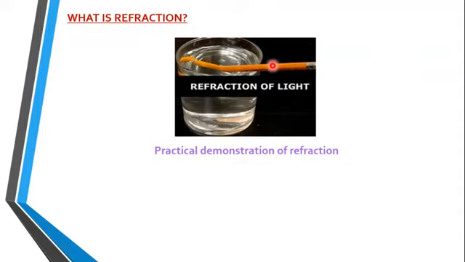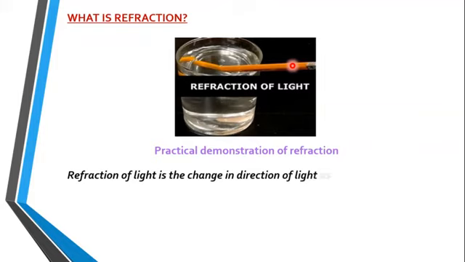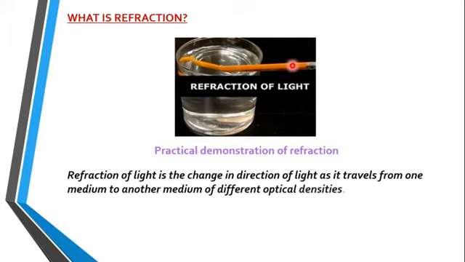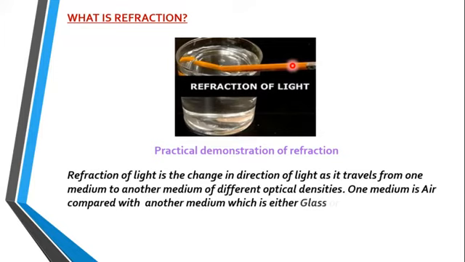I want us to take the definition again and note some key expressions in the definition. Refraction of light is the change in direction of light ray as it travels from one medium to another medium of different optical densities. One medium is air compared with another medium, which is either glass or water.